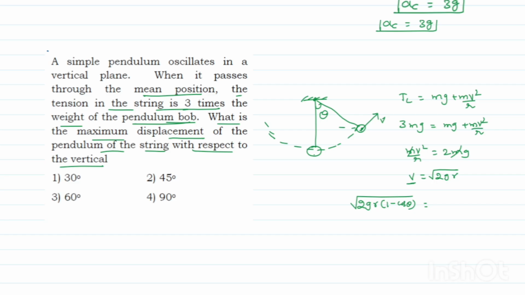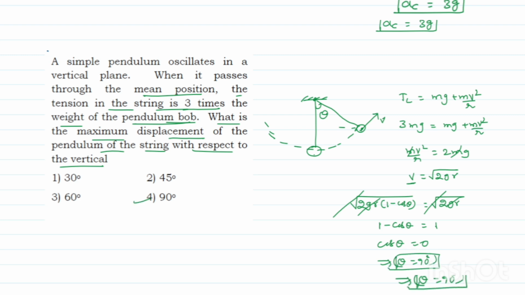This equals root 2gr, so cancel the square root on both sides, and 2gr gets cancelled. 1 minus cos theta equals 1, so cos theta equals 0. That means theta is 90 degrees. So the maximum displacement is 90 degrees, and the string will be at this position. This is 90 degrees.